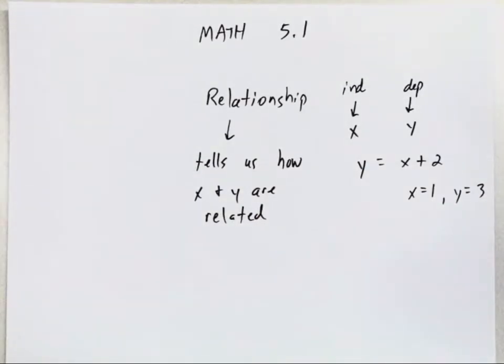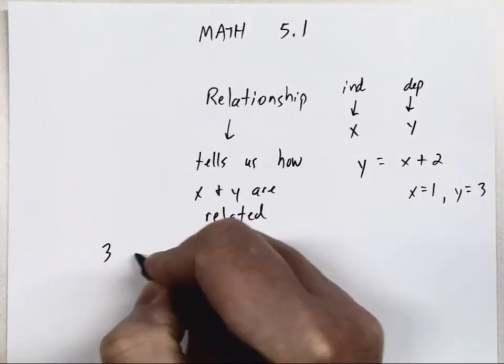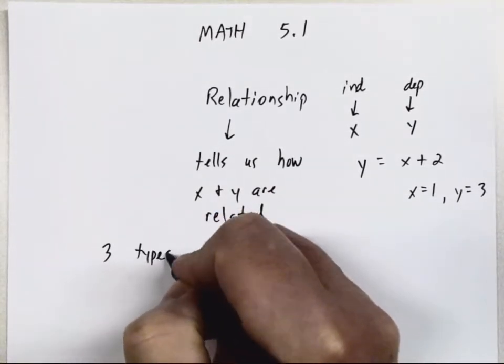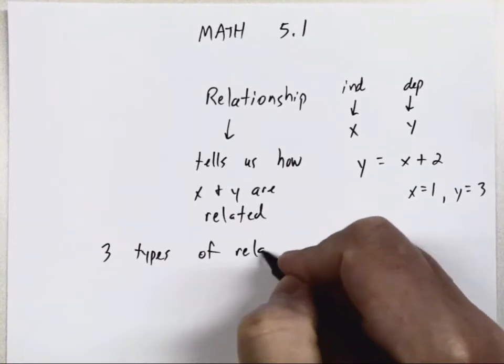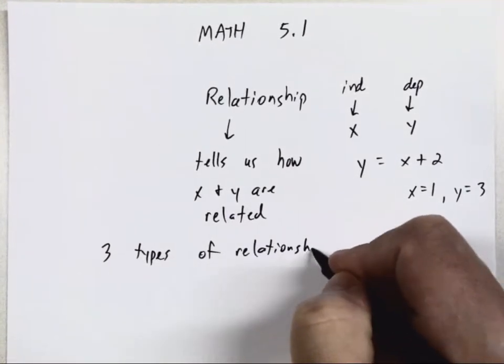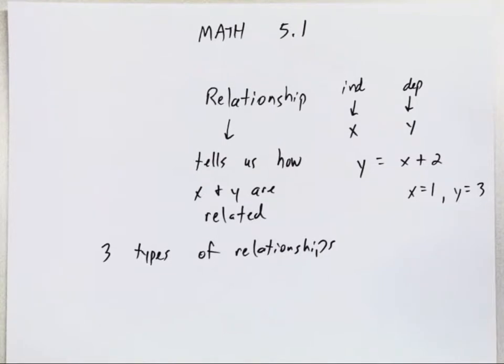And actually, we're going to discuss the three different ways that relationships are expressed. One of them, the first one, we don't actually use all that much in this class, but the second, third one we use all the time. So I'm going to briefly describe 3 types of relationships that we use. 3 ways that we show how x and y are related.